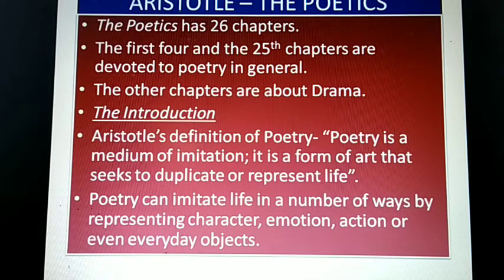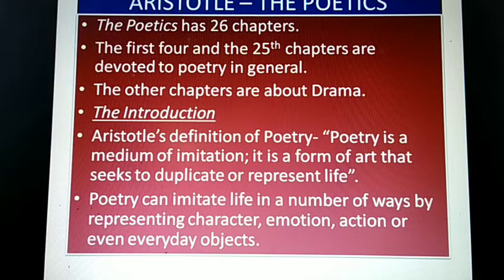In subsequent lectures we'll be looking at the major themes in the Poetics, some of the very important terms that Aristotle used in the Poetics, and also some important questions and answers. And now let us look at the different chapters of the Poetics.